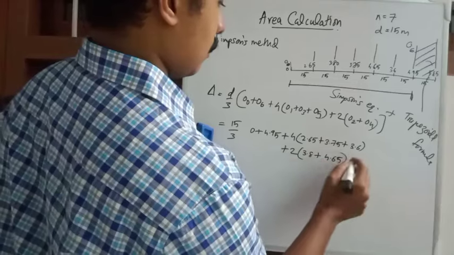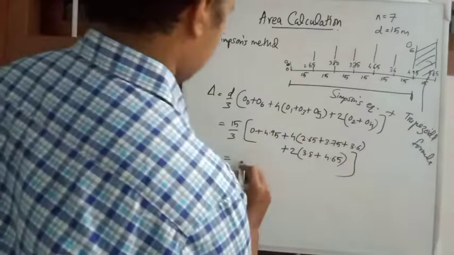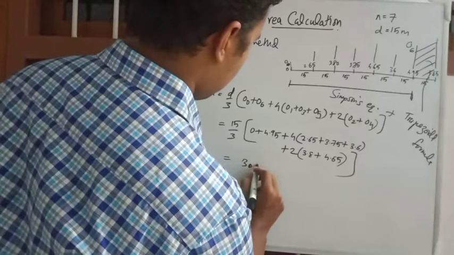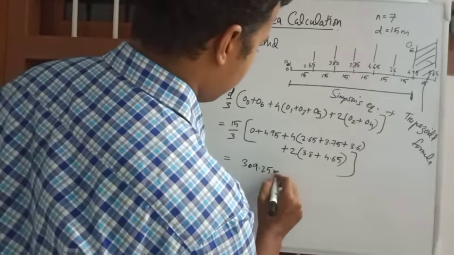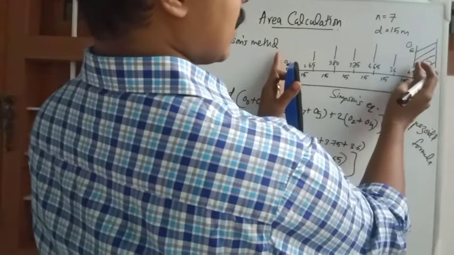The final value is 309.25 meters square. That is for O0 to O6.